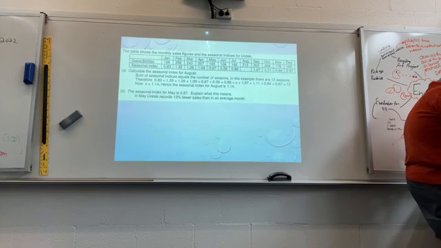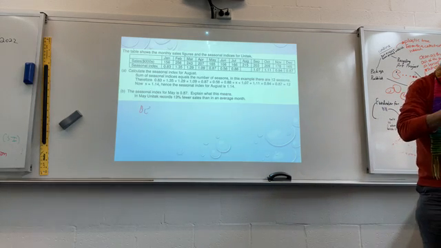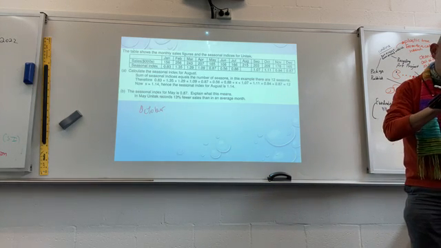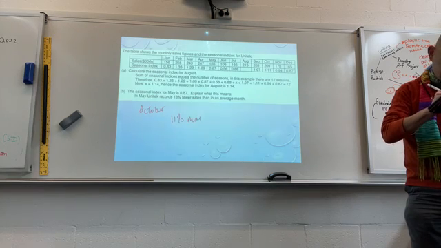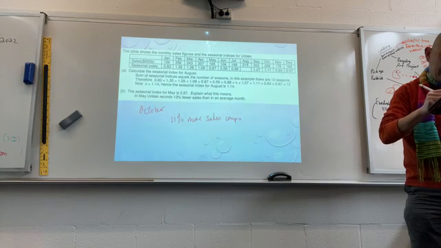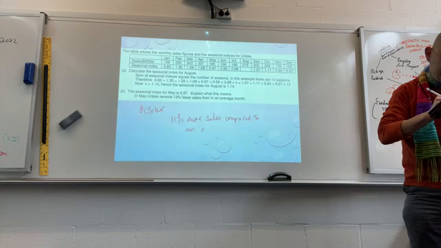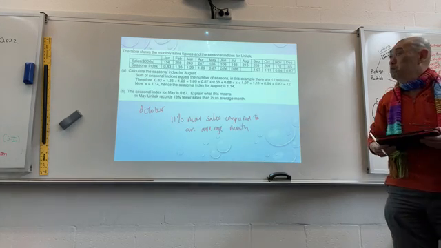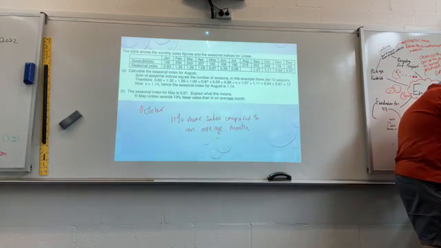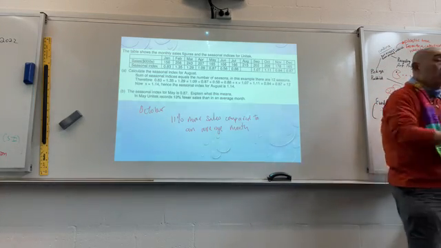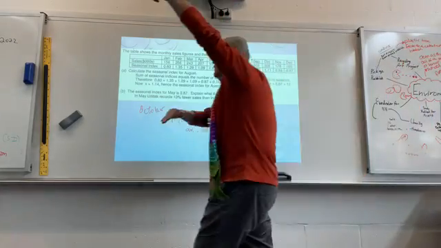So if they ask a question about October, there will be 11% more sales compared to an average month. All right. So that is the purpose of the seasonal index. Look at the average, it could be more or less.